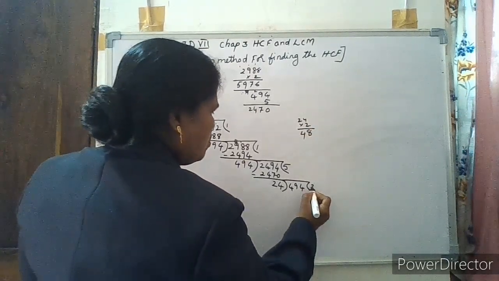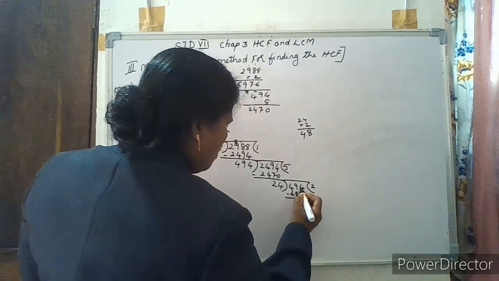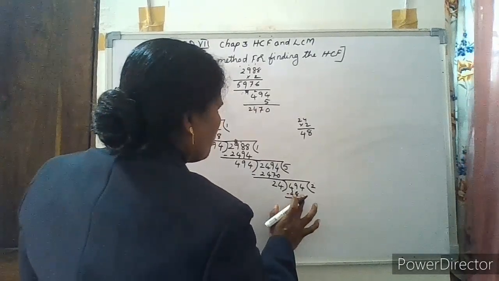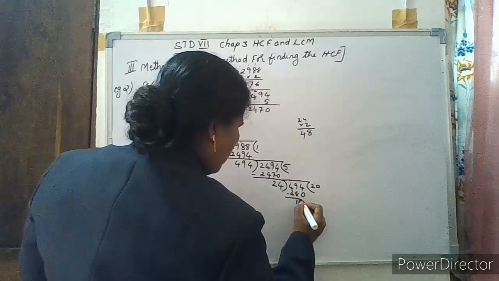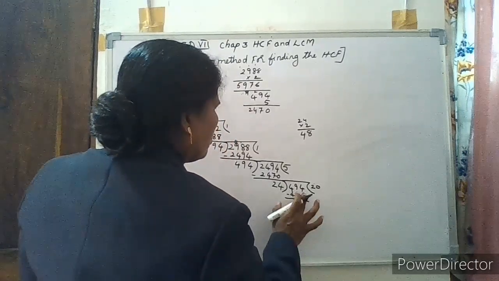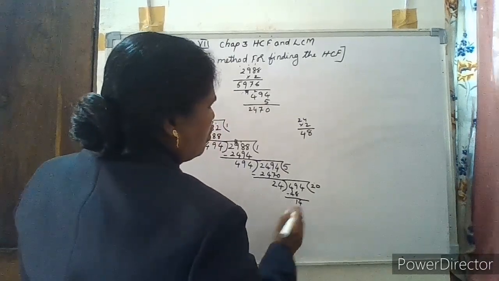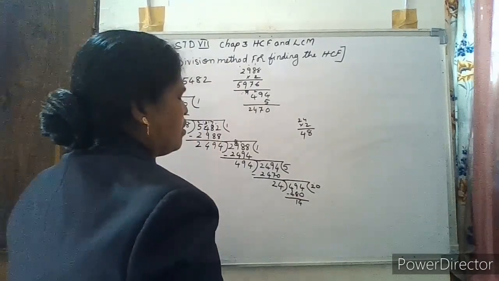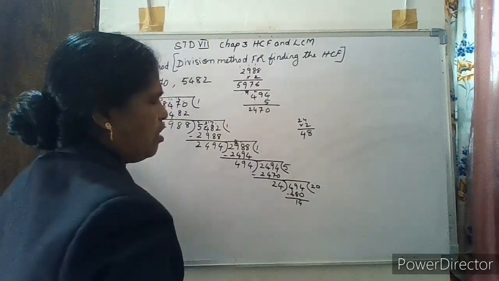That means 2s is 48, minus 1 is the remainder. Therefore it is not divisible. So if we take 20s, or we just put a 0 here, it is not divisible. Or 20s, if I write here, 20s is 480, so 14 is the remainder.